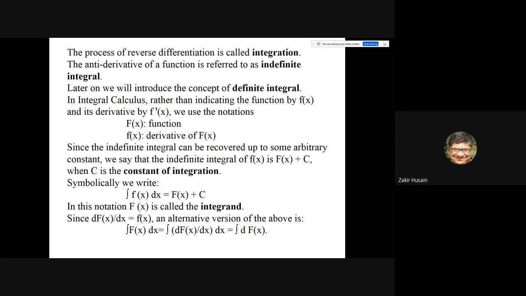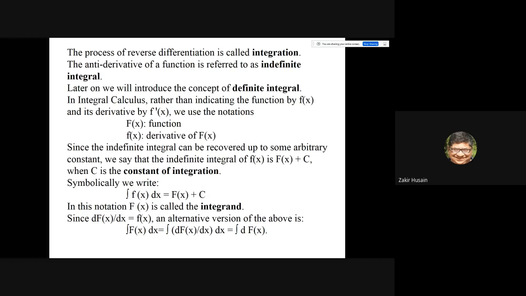So symbolically, we write the integral of small f(x) dx is equal to capital F(x) plus C. In this notation, small f(x) is called the integrand.